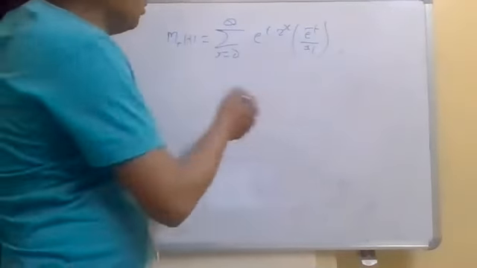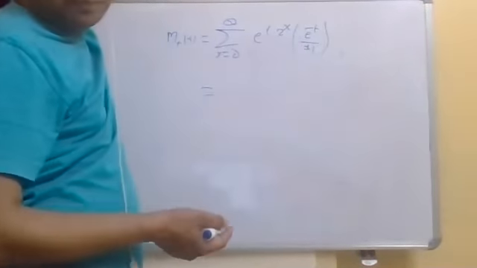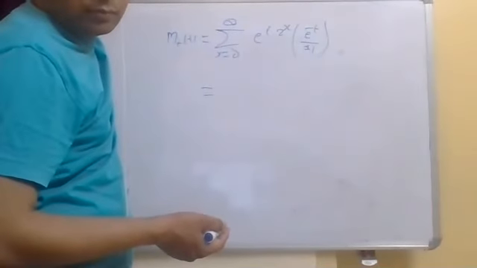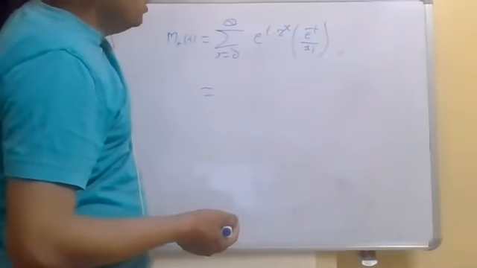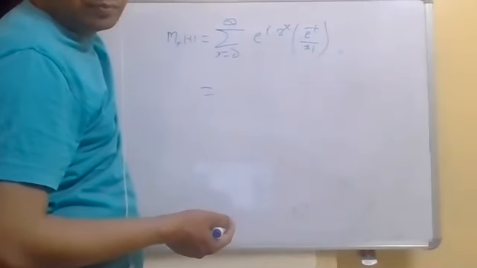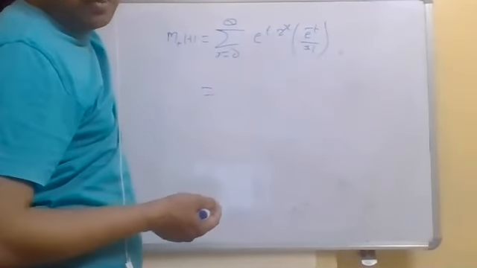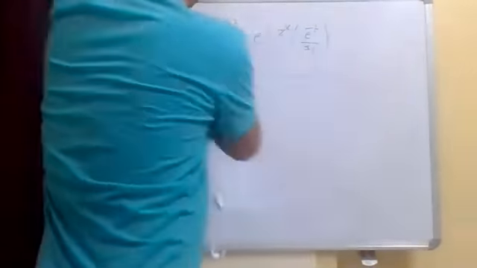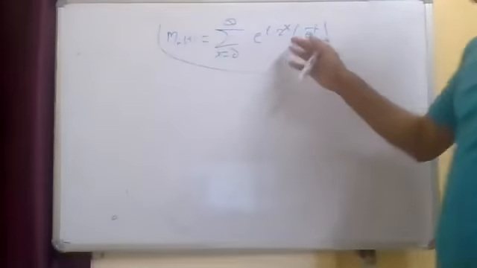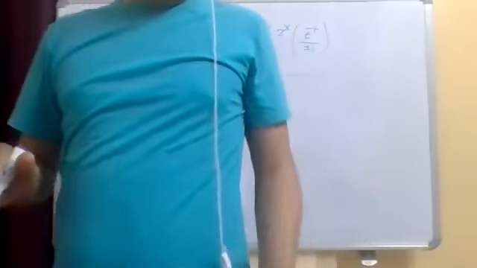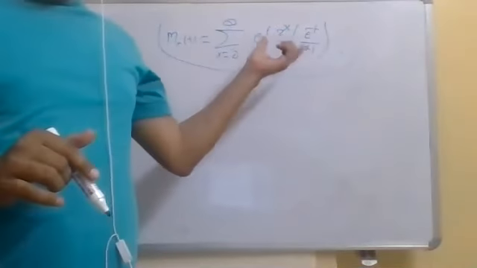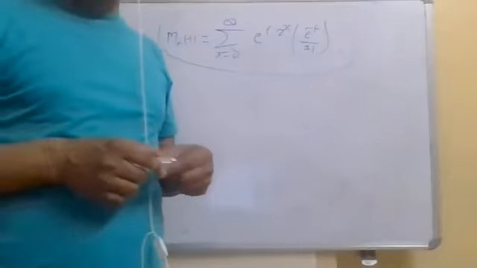After solving, we will get some value here. From this equation you can find it. Here you can say there is no moment. It has a moment generating function, but there is no moment. You can see it there.